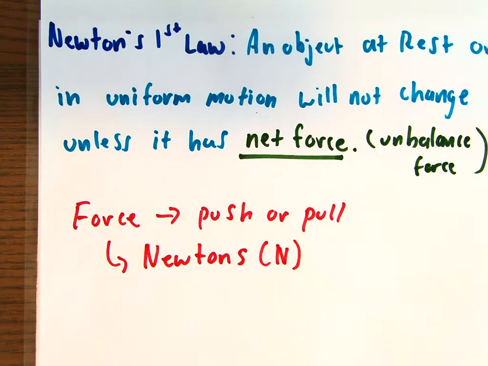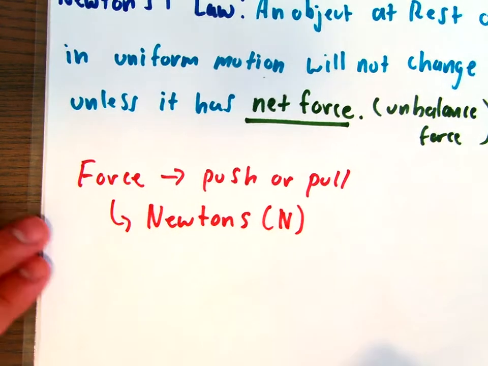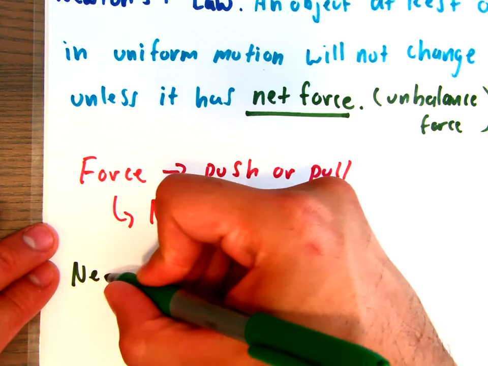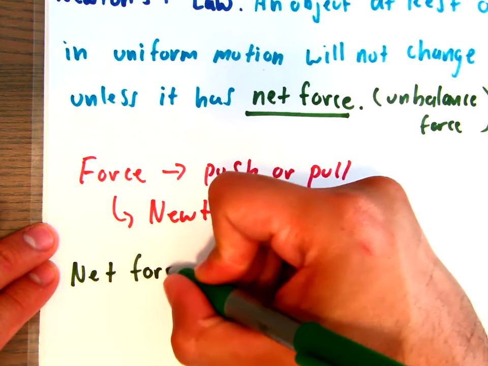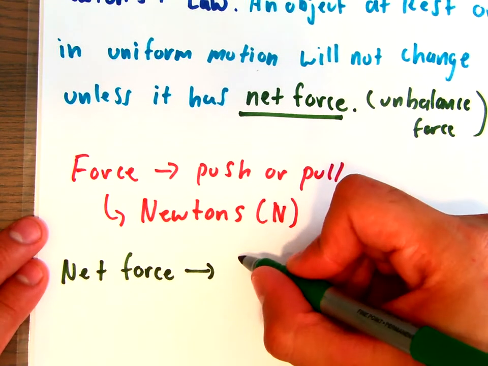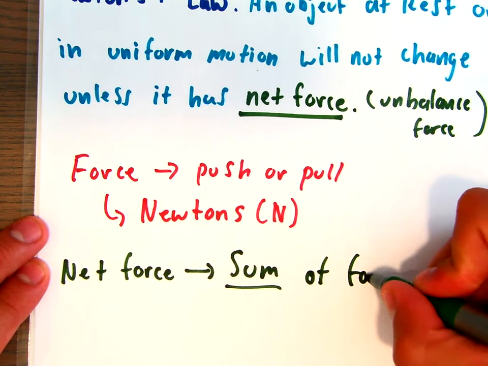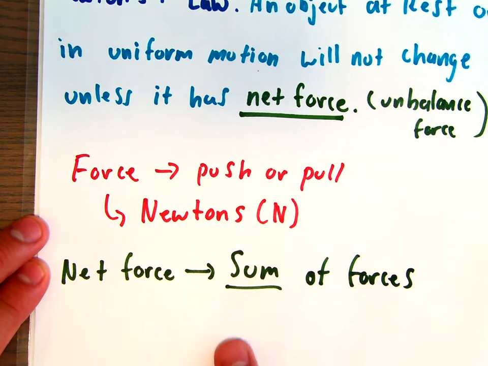Okay, so there's force and there's also net force. Net force is slightly different. When we're talking about a force, that's just a single force. When we're talking about net force, that's the sum of forces. What do I mean by sum? I mean the addition.